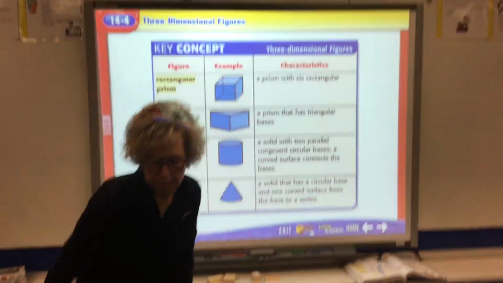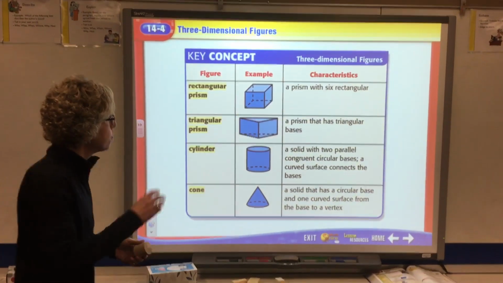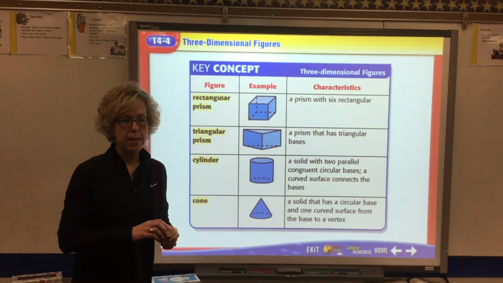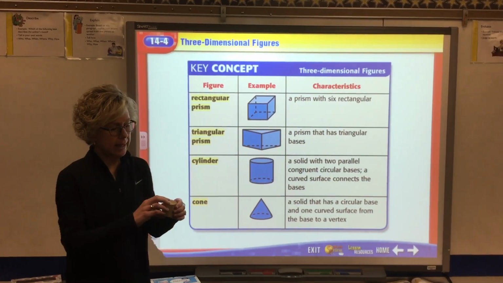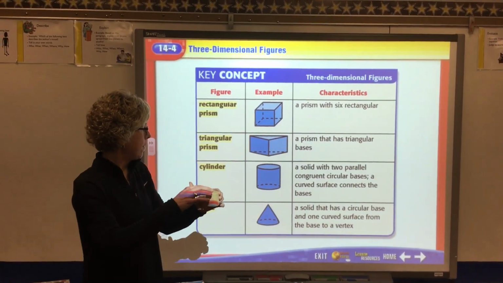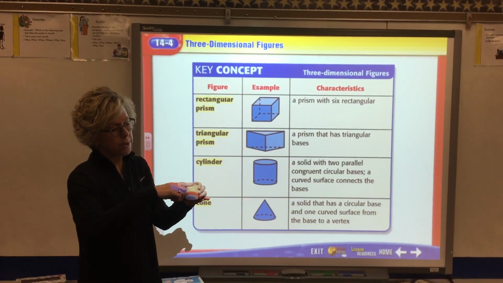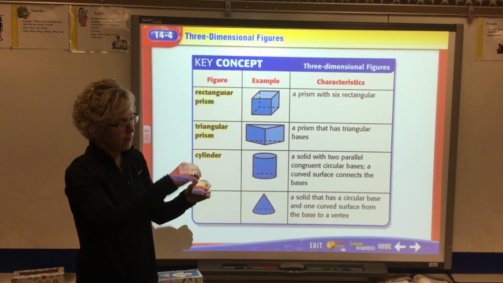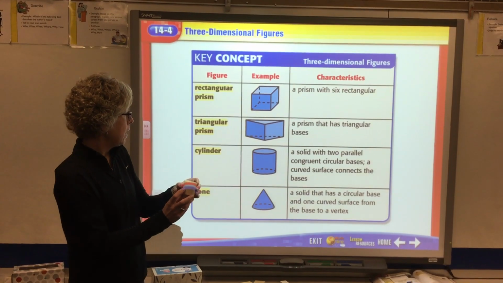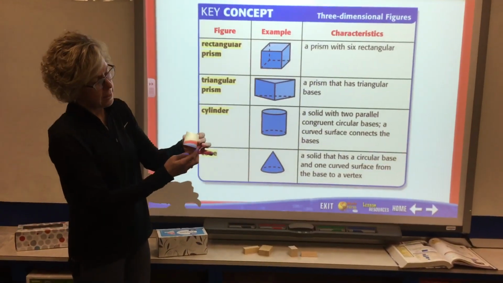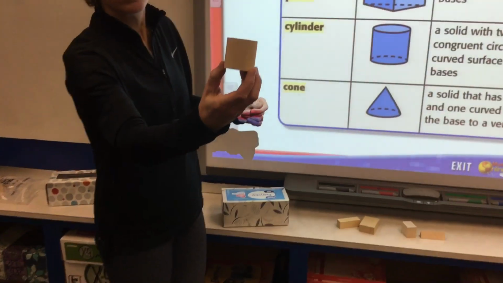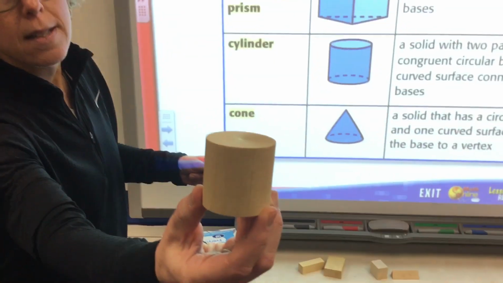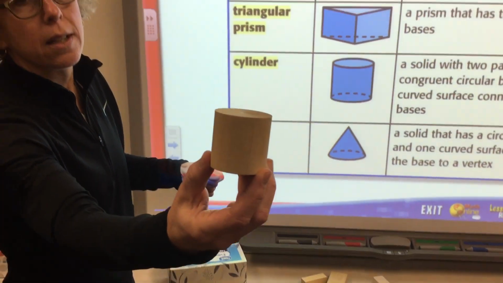Now, when we're talking about a cylinder, everyone has a can of soup at home. You can think of a cylinder as like a can of soup. You have 2 congruent, remember congruent means the same, circular bases, one on the top and one on the bottom, and it has a curved surface that connects at the bases. And so your soup cans, things like this, that would be your cylinder.